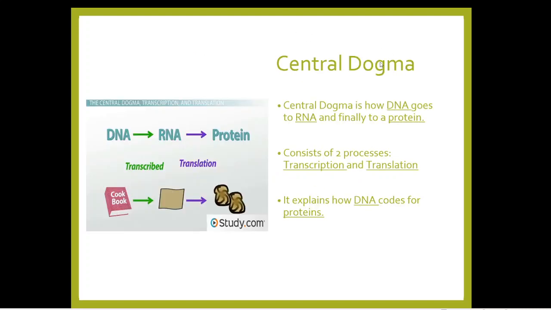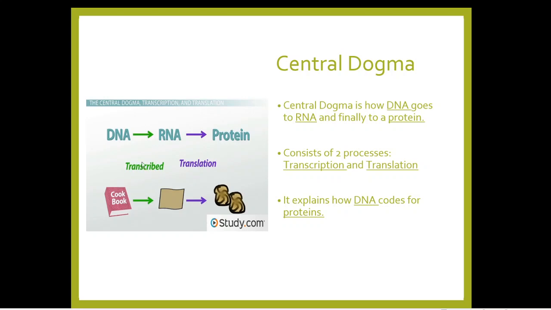All right, the whole theory that we call all the way from DNA all the way to those proteins, we call that the central dogma theory. And so it's about how that all works together. So the central dogma is how DNA goes to RNA, which we'll learn what that is in a minute, and then finally to a protein. And it consists of 2 steps we're going to talk about.